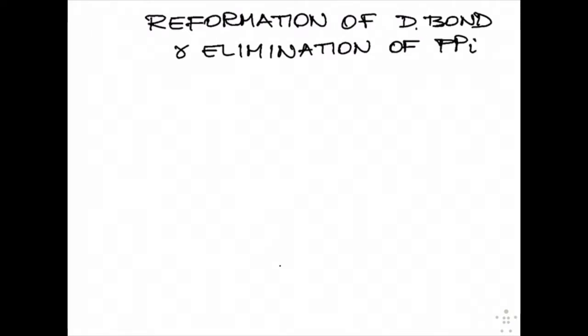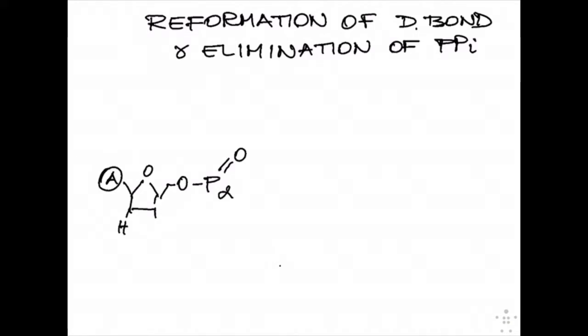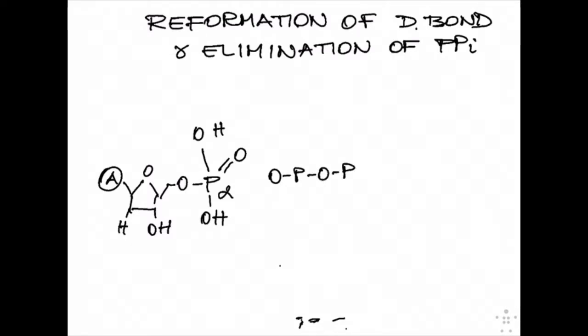So the alpha phosphorus is going to reform the double bond, and I'm going to quickly sketch that. This one has an adenine, and the double bond got reformed. It has an ester bond up here with the oxygen. The hydrogen is right here, and it has a hydroxyl group right here. So there is a reformation of the double bond, but immediately there is also an elimination of the pyrophosphate.